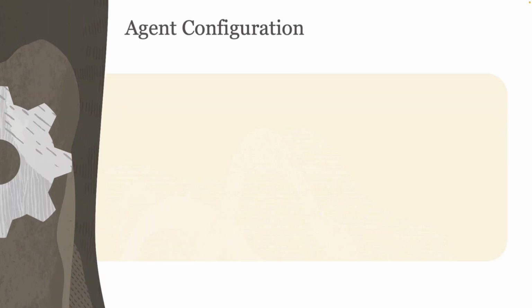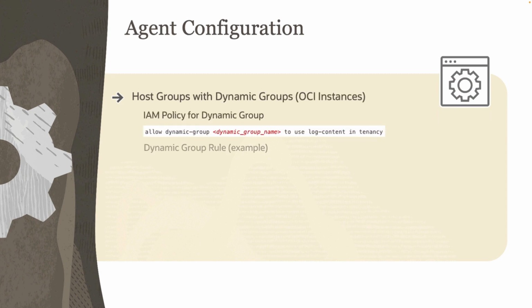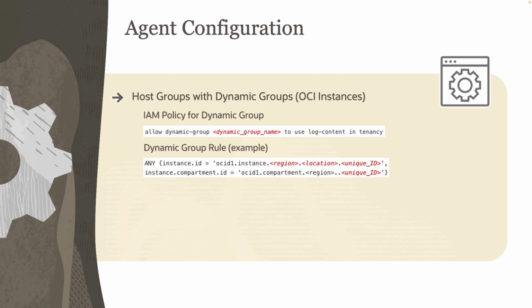Let's look into the agent configuration, and this is one of the configuration steps to specify which instances you wanted to collect the logs from. This can be done through a section called host groups. If the source environment is a set of compute instances, you could choose a dynamic group that defines the list of instances where you wanted to collect the logs.